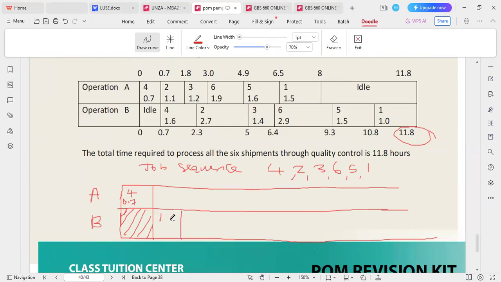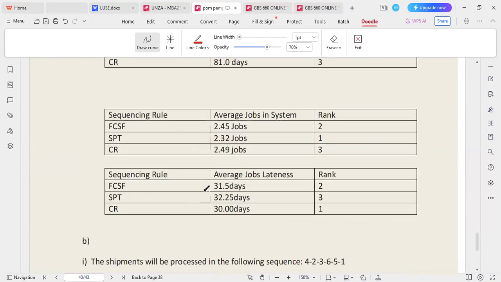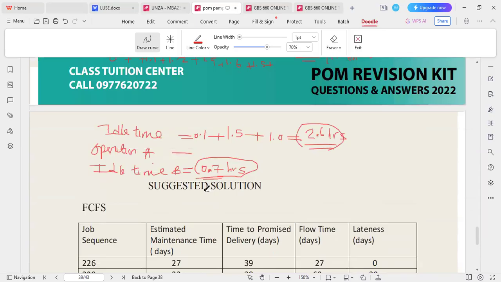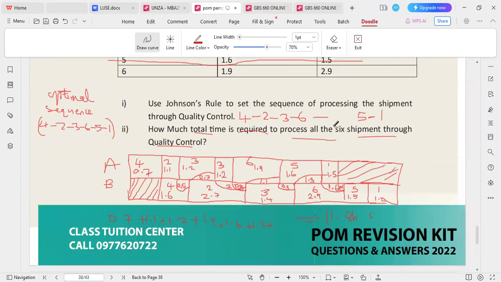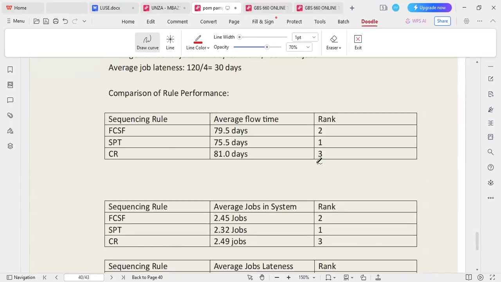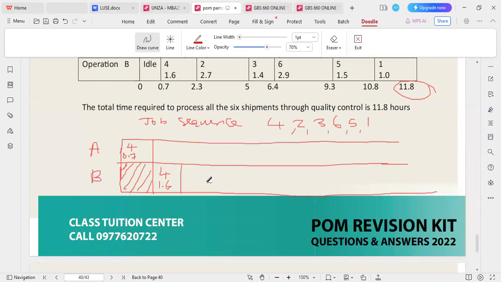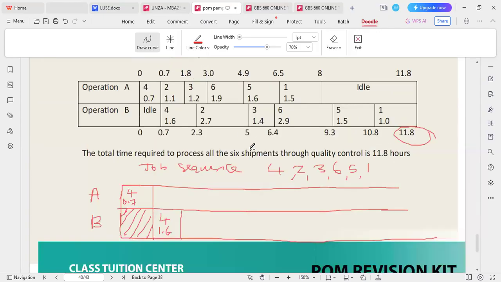Job 4 there is taking 1.6, as given in the question. By the time they finish job 4 in A, the department would have started running job 2, which is taking only 1.1 hours, so they can finish quickly.